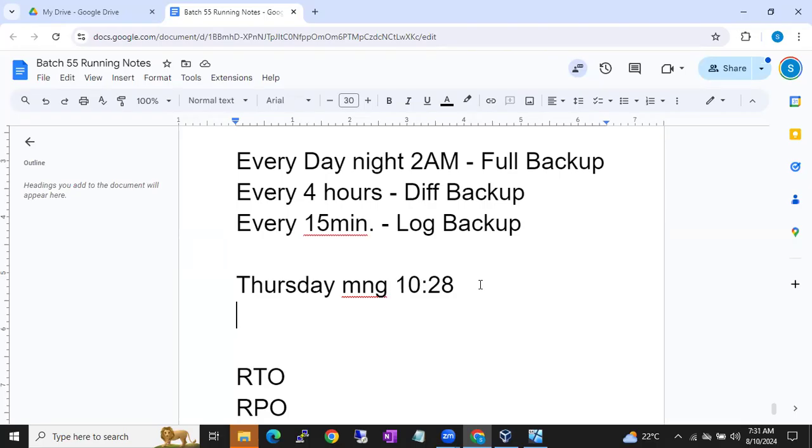Till what is the maximum point, RPO? Or otherwise, forget about RTO and RPO. Just tell me how many full, differential, and log backups I have to restore to recover the data to the best possible time. Type your answers quickly in the chat.